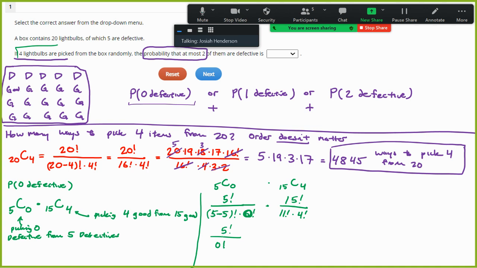I'm sorry. 1 second. No, that looks right. 1365. Yeah, these are supposed to be combinations.